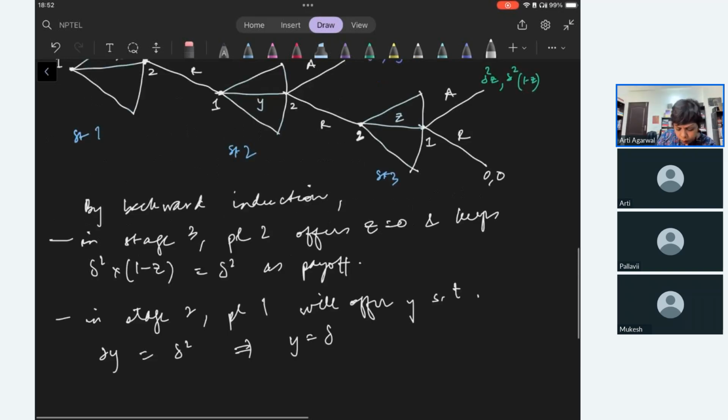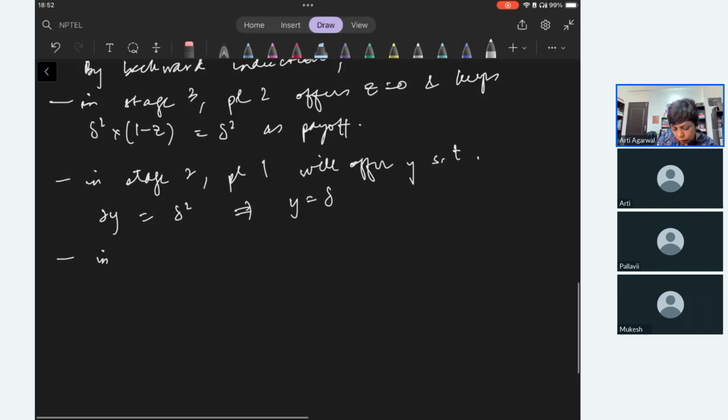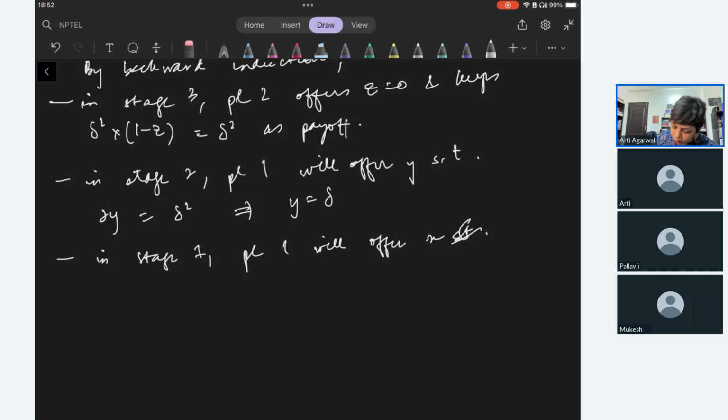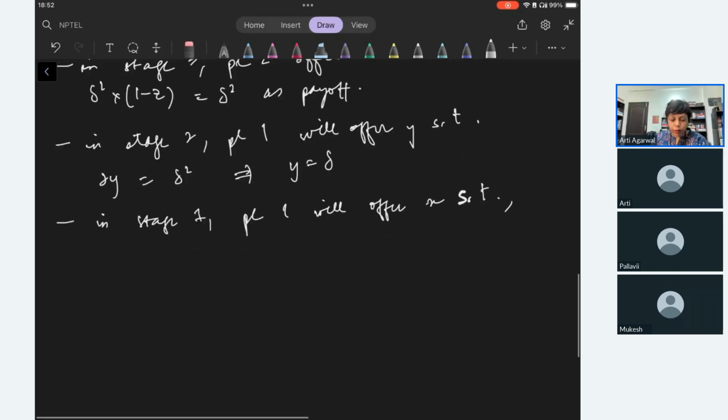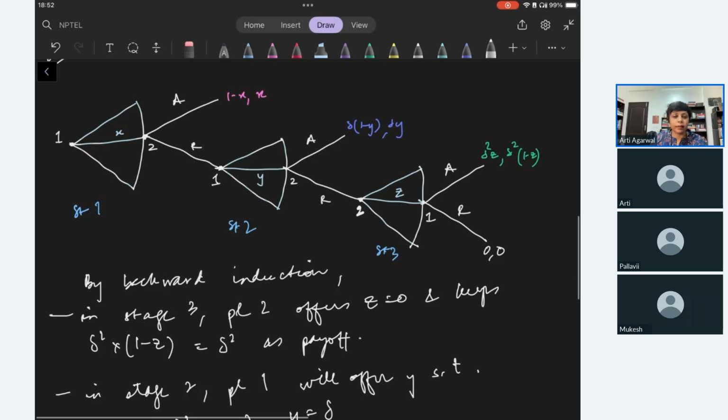So in stage 1 itself, player 1 will offer X such that in stage 1, the payoff of player 2 is X, right?